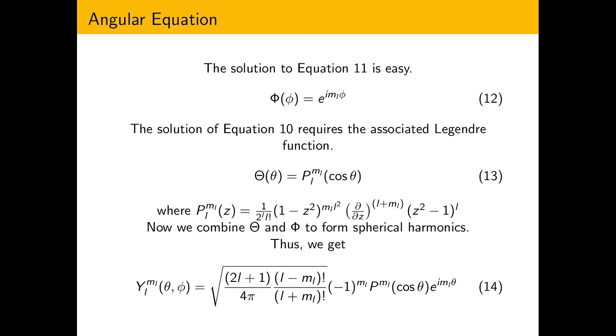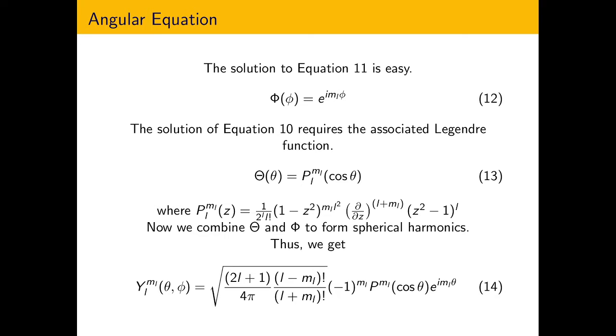It requires the associated Legendre function, where the final answer is Theta of theta is equal to P of L mL cos theta, where if you're interested, P of L mL of z is equal to 1 by 2 to the power L into L factorial into 1 minus z square to the power mL by 2 into dou by dou z to the power L plus mL into z square minus 1 to the power L.